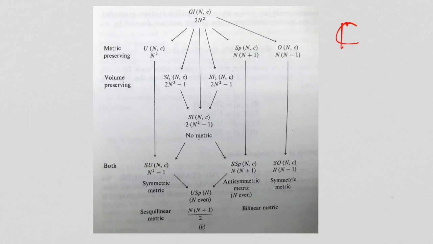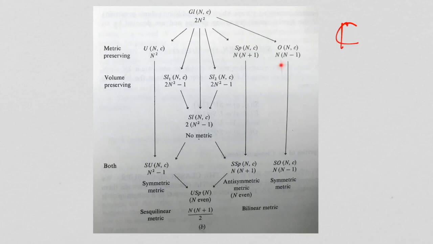And if it's metric preserving, you are forced into these metric preserving versions of the general linear group. This is the symplectic metric preservation, and it ends up being n times n plus 1 degrees of freedom ultimately. The orthogonal is n times n minus 1 degrees of freedom, and unitary is just n squared degrees of freedom.